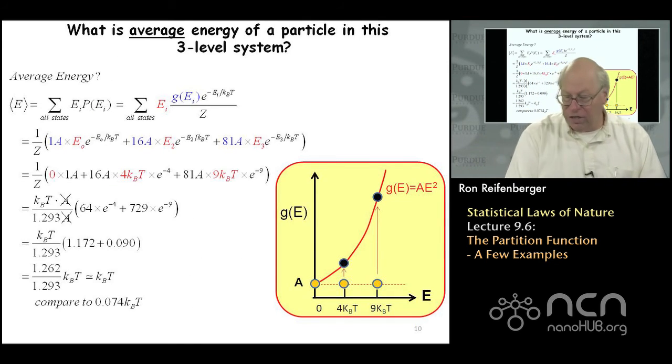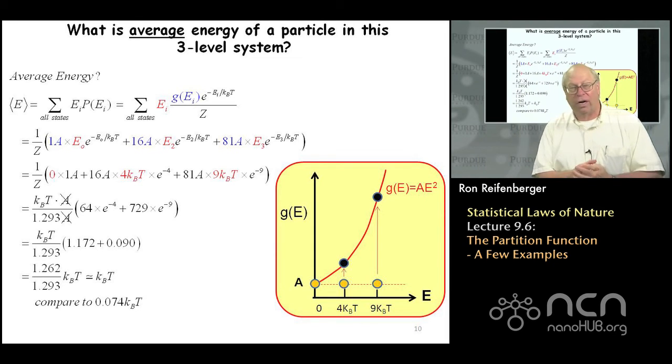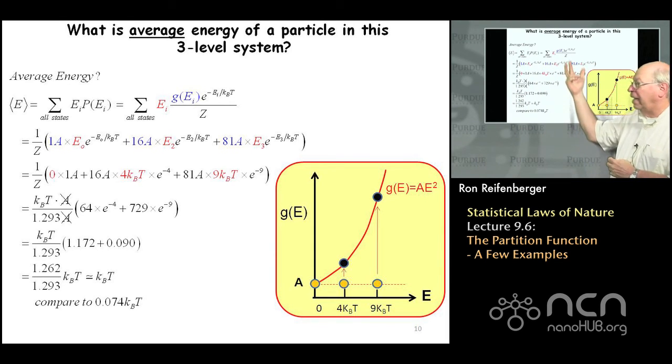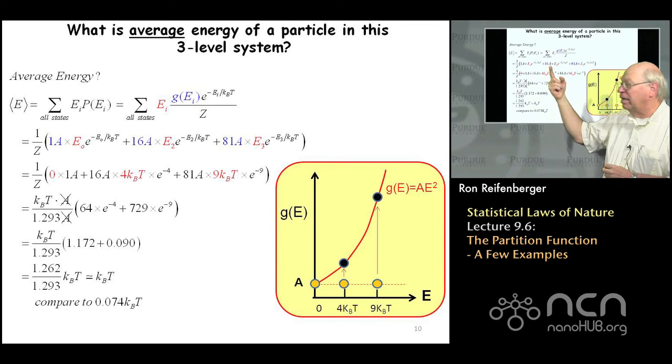Again, to finish the discussion, I have to ask, what is the average energy of the particle in this three-level system? And the calculation proceeds in a way very similar to what we've already shown, except now I have to take into account the fact that the degeneracies of each energy level are different than they were when I originally did this calculation. Again, the quantity A cancels because it appears both in the partition function Z, and it also appears in the numerator when I explicitly evaluate this g of E for each energy level.